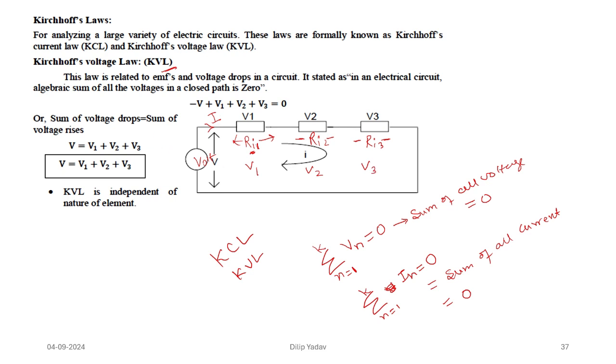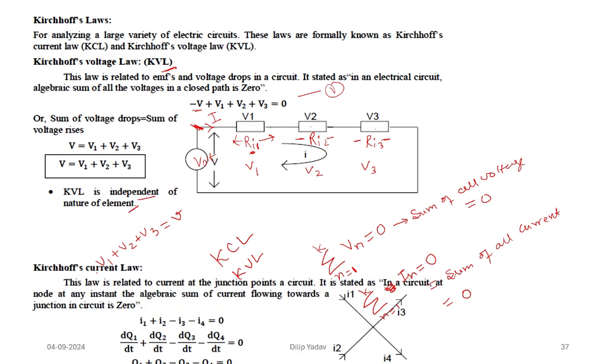So the sum, if we start from this point, we take minus V as it goes inside, then plus V1, plus V2, plus V3, and this will be equal to 0. We can write this as equation 1, in terms of V1 plus V2 plus V3 is equal to V. This is the sign convention we need to follow. So the sum of all the voltages will be equal to 0. The KVL is independent of the nature of the element.